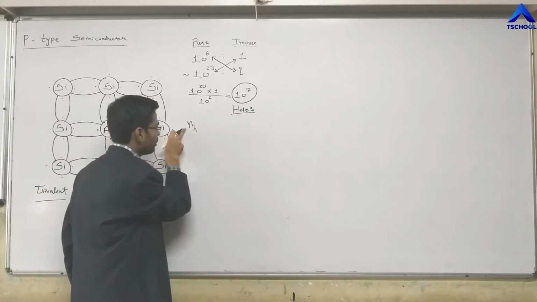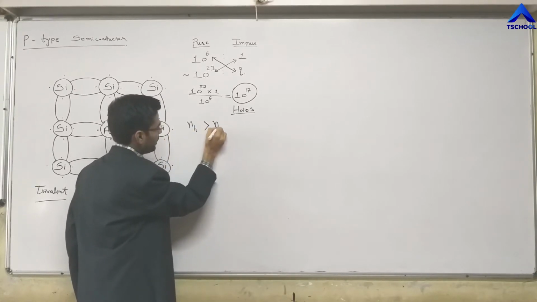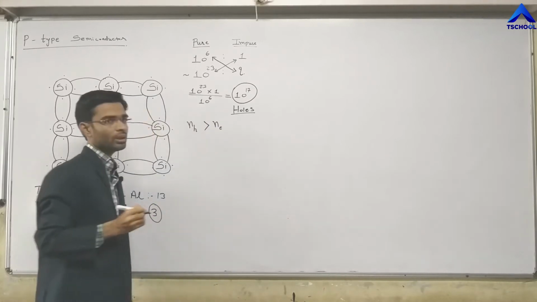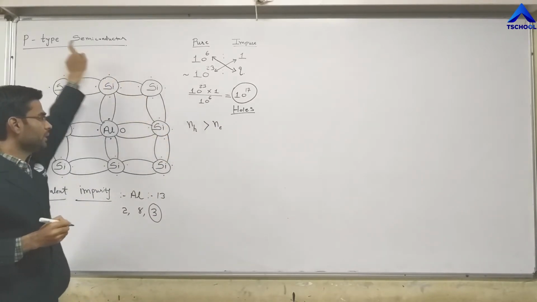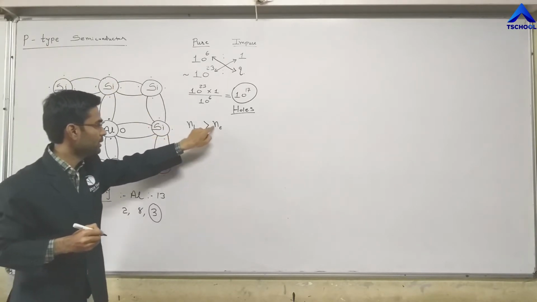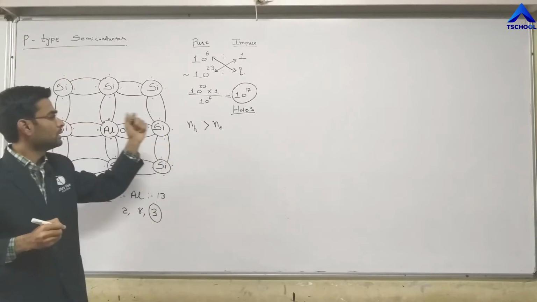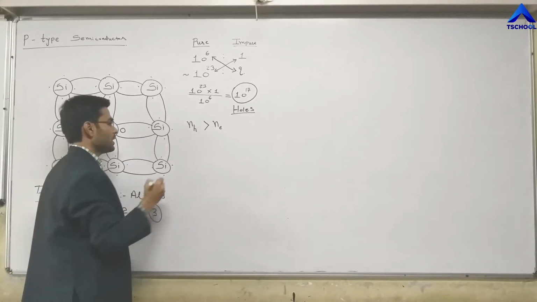Number density of holes nh is greater than number density of electrons. Means in the p-type semiconductor, the majority charge carriers are holes.